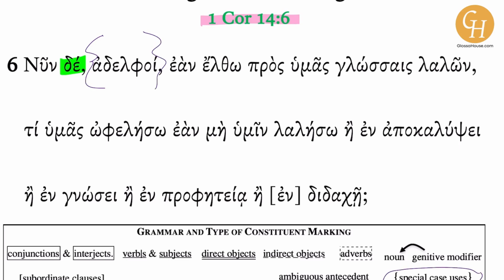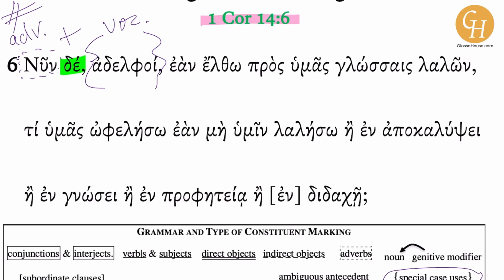It's a vocative, which we might say siblings, brothers or siblings. Nun is an adverb. So we're getting a new development marker plus a vocative plus a temporal adverb. And all this is suggesting a bit of a break with what's gone before.